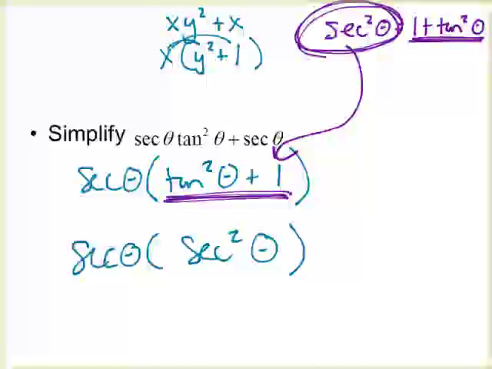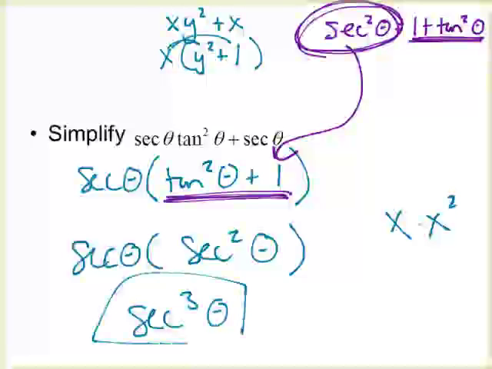So now I have secant times secant squared. That's kind of like x times x squared. What would that be? X cubed. So secant times secant squared would be secant cubed. That is one term, so that's a really good sign that we're done with this problem.